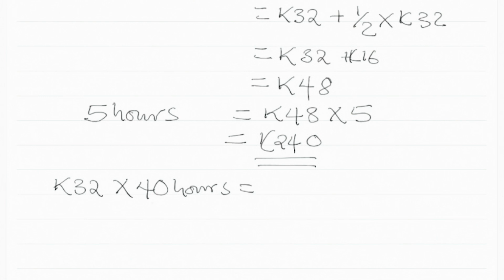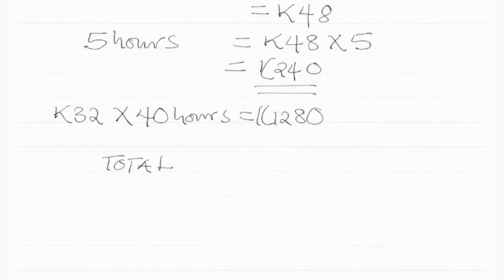So the total wage in a week will therefore be 1,280, which is for the 40 hours, plus the overtime, which was in this case 240 kwacha.